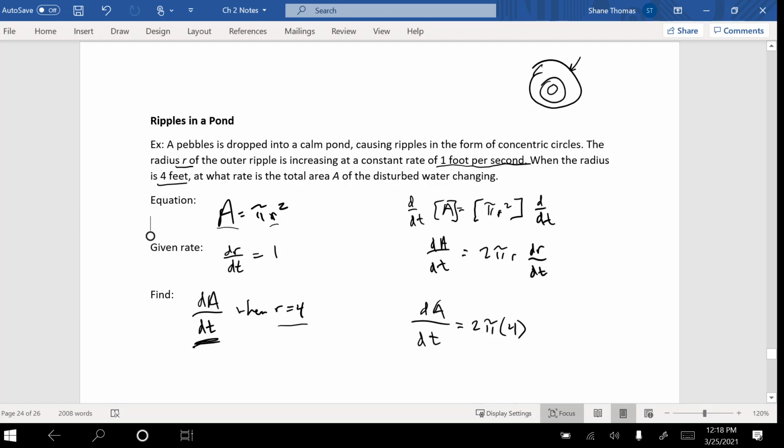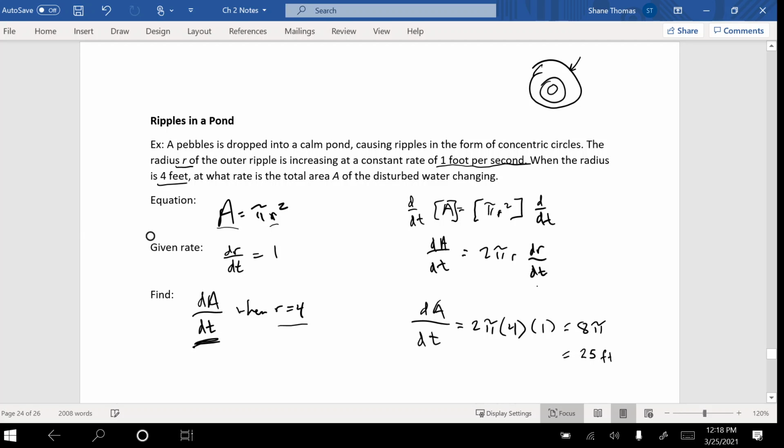Given rate is 1, dr/dt. Plug in a 1. 2 times 4 is 8. You got 8 pi. Multiply that out. Leave it as 8 pi, or it could also be about 25?